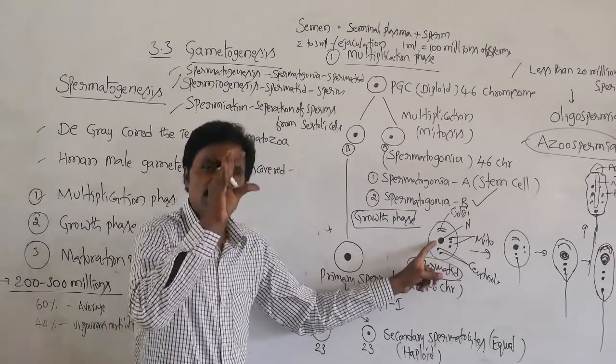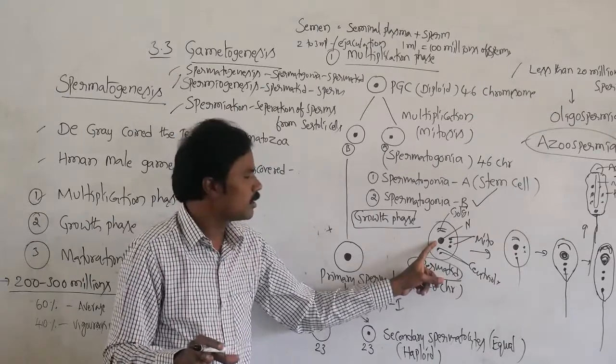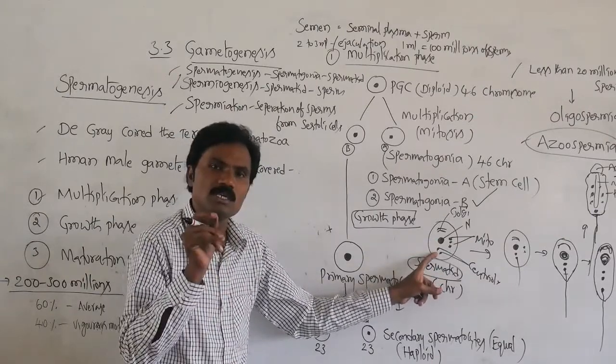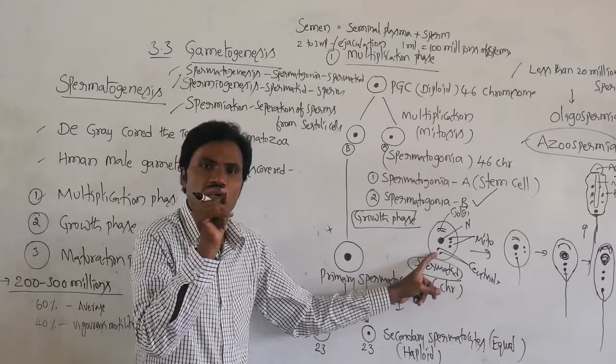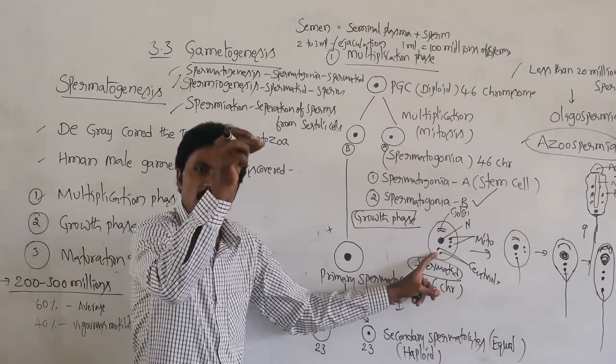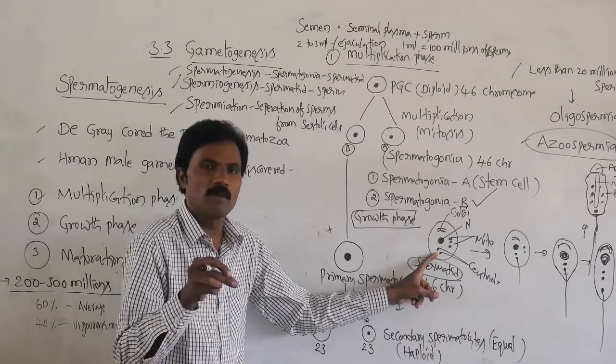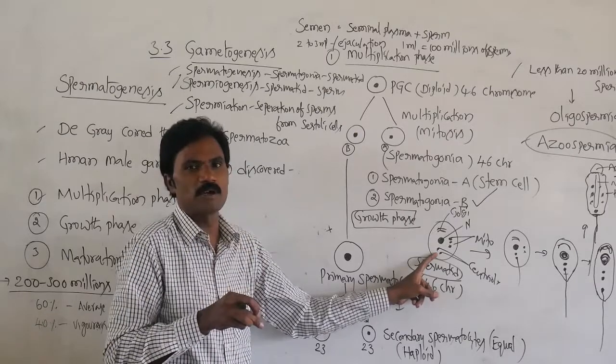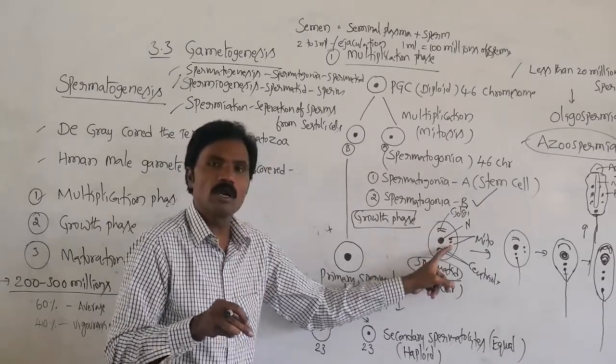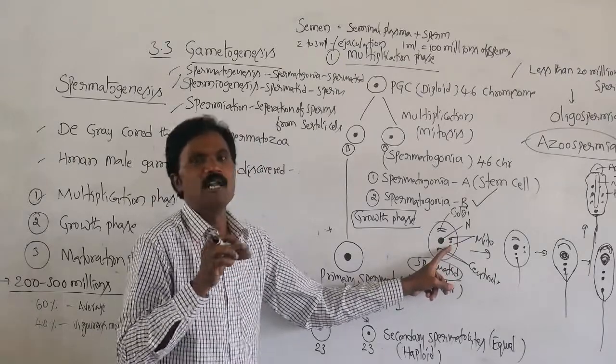Then the nucleus covers throughout the head part. Then the centrioles form the axoneme, that means the tail part. One of the centrioles forms the neck part. Then the mitochondria occupy the middle part.